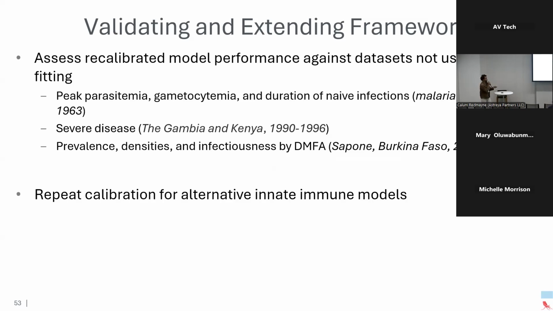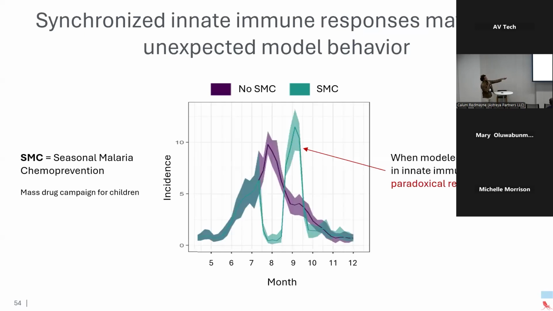And then finally, I mentioned that we have this sort of paradoxical rebound after treatment, and I haven't really addressed that. One of our plans for addressing that is using alternative innate immune models that include heterogeneity. Showing you here, this is a plot of a simulation where children under 5 were given mass drug administration called SMC.